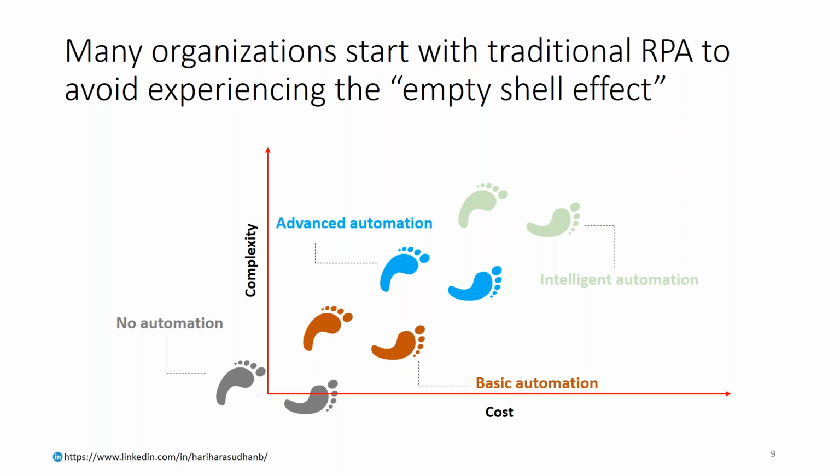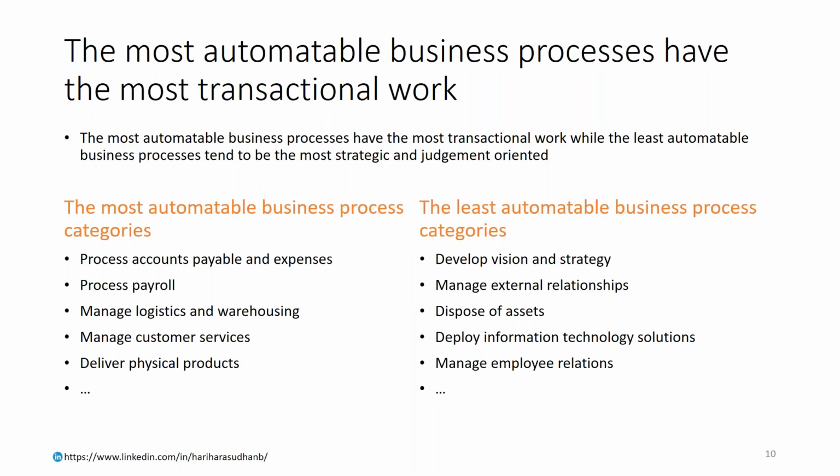So, moving on to the most automatable business processes and the least automatable ones. As you can see on the left side, the most automated processes are payroll processing, managing logistics, managing warehouses, customer services, processing accounts payable, expenses, claims, all those things.